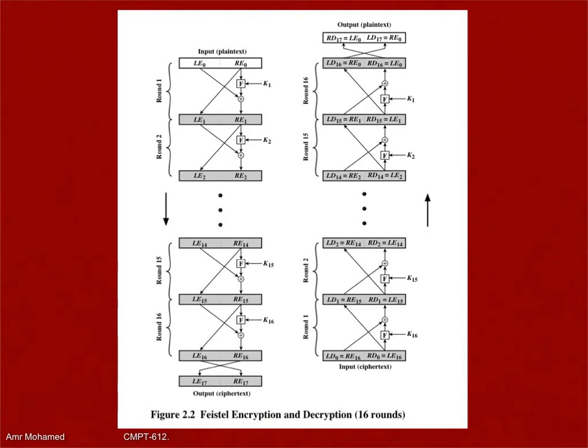So NIST specifies in one of its recommendations what we call the Feistel structure, for encryption and decryption. The Feistel structure is one of the very, very important ingredients for all types of encryption algorithms.